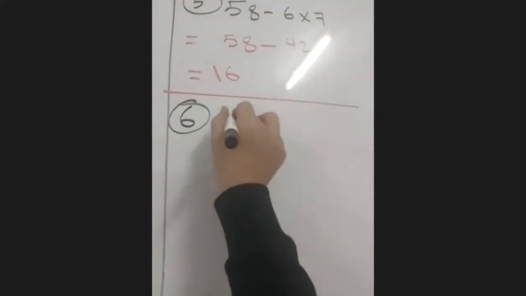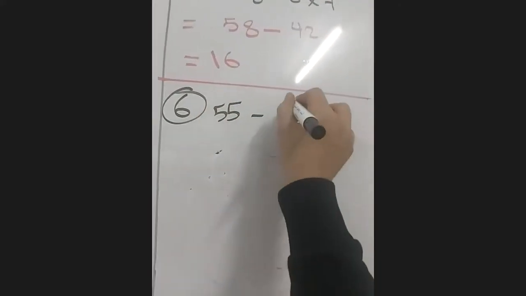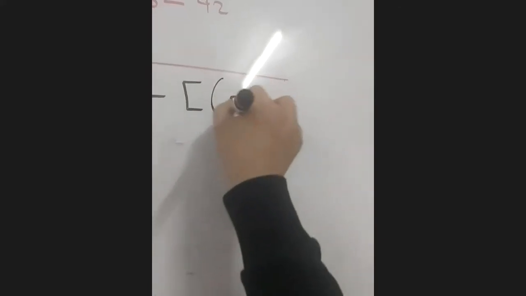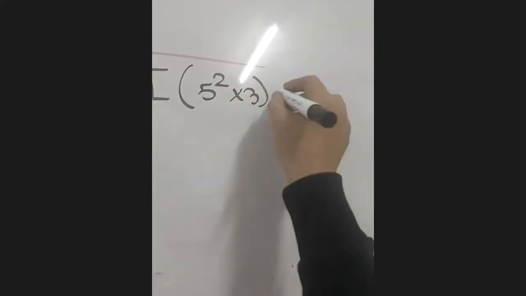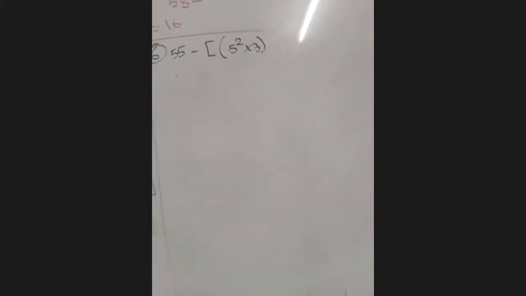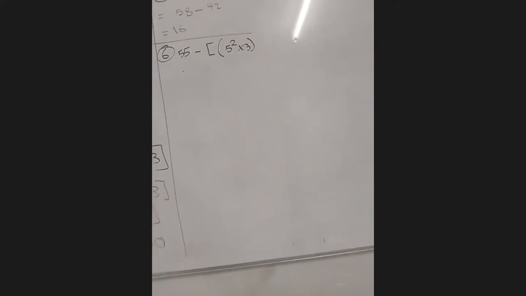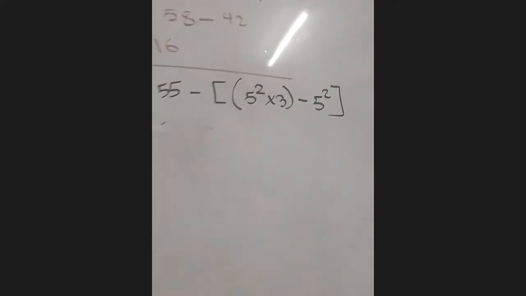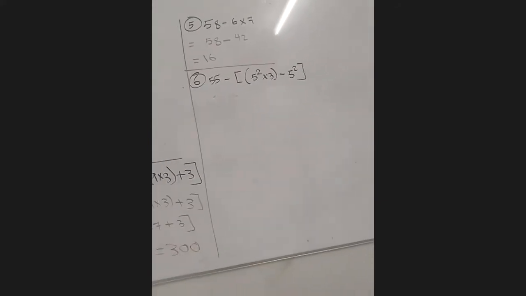55 minus parentheses, parentheses again, 5 to the power 2 multiply 3, close the parentheses, minus 5 to the power 2, close the parentheses. Like this, right? Yes.